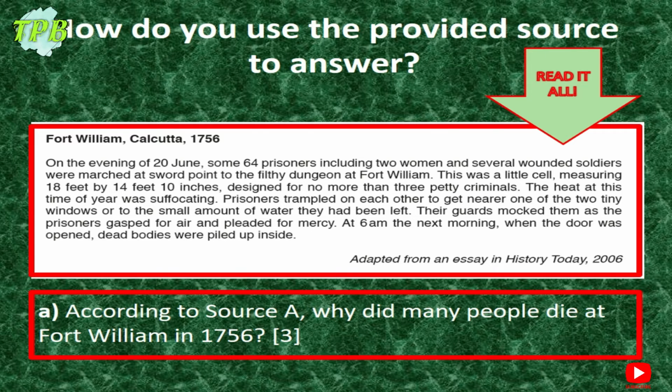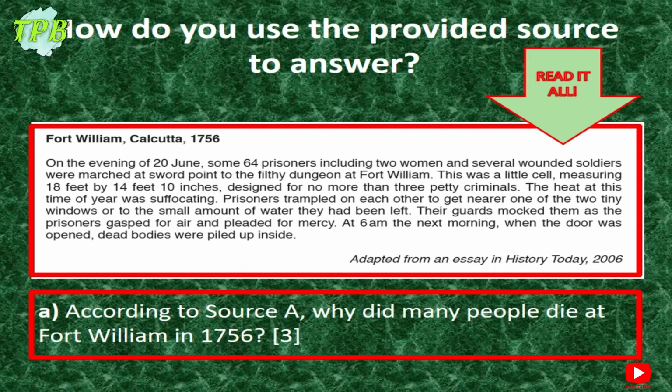Prisoners trampled on each other to get nearer one of the 2 tiny windows or the small amount of water they had been left. Their guards mocked at them as the prisoners gasped for air and pleaded for mercy. At 6 a.m. the next morning, when the door was opened, dead bodies were piled up inside. This is an adapted version from an essay in History Today from 2006.